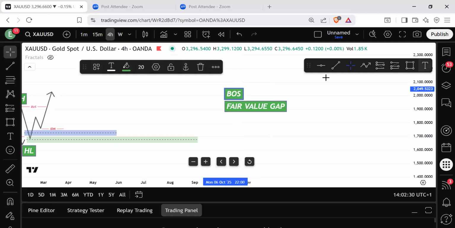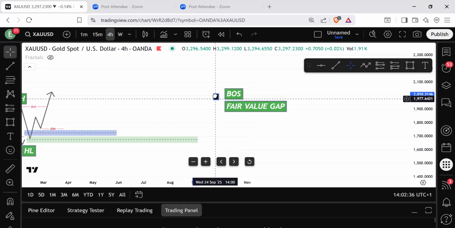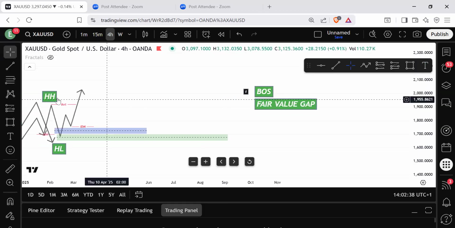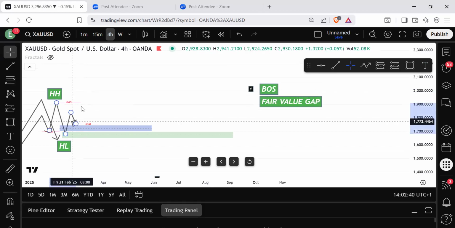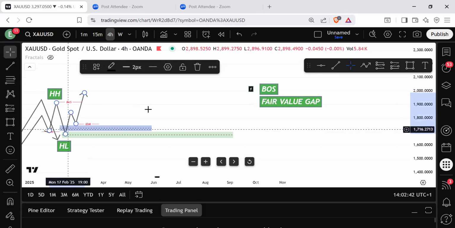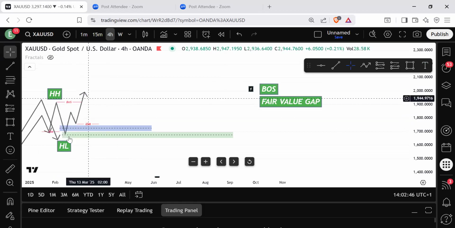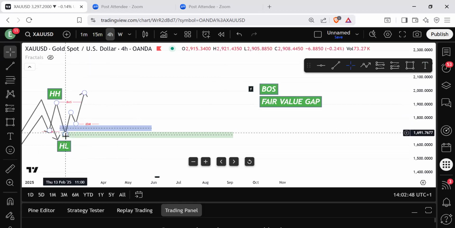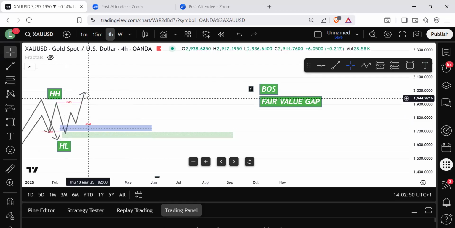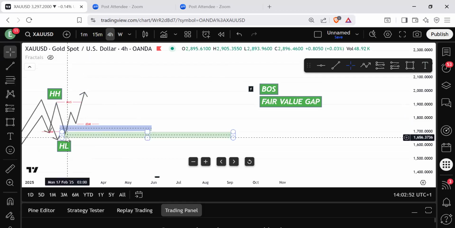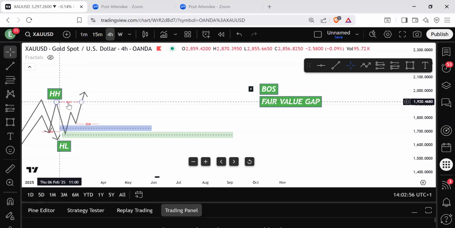So we've talked about break of structure. It must cause a break of structure like this. It is from this zone that the buyers came in and caused this break of structure.